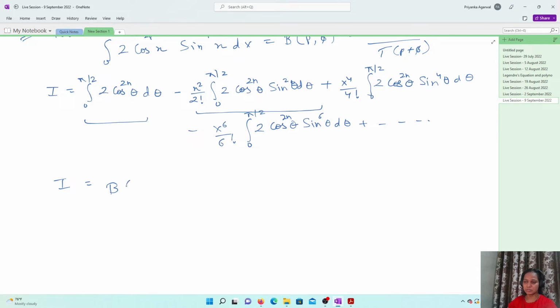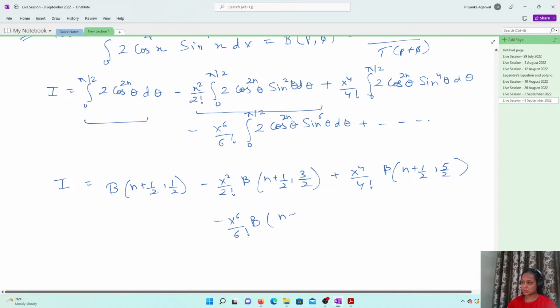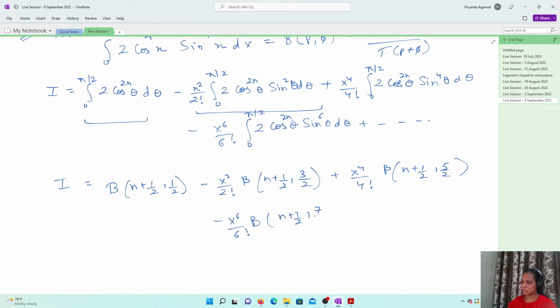So this becomes beta of n plus 1 by 2, 1 by 2, minus x square by 2 factorial beta function of n plus 1 by 2, 3 by 2, and similarly plus x to the power 4 by 4 factorial beta function of n plus 1 by 2, 5 by 2, minus x to the power 6 by 6 factorial beta of n plus 1 by 2, 7 by 2, and so on.